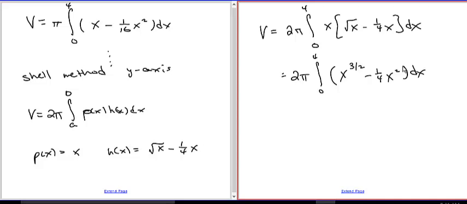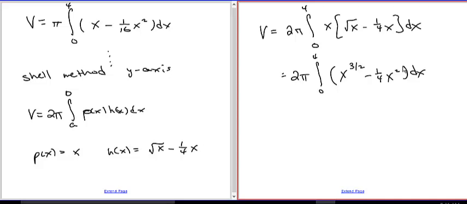So again, it's a polynomial. I mean, I don't want to make this super difficult for you. I just want you to be able to show me that you can generate the equations and recognize whether you're integrating with respect to x or y. Don't assume that I'm just going to do it in terms of x.